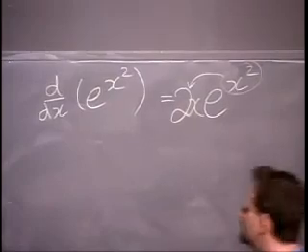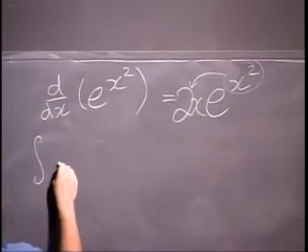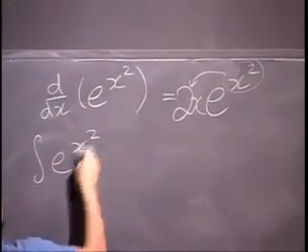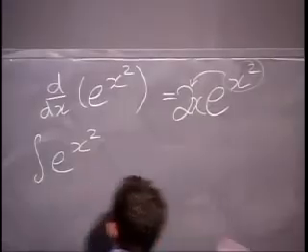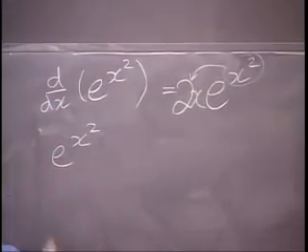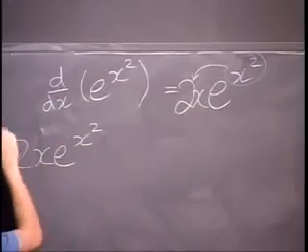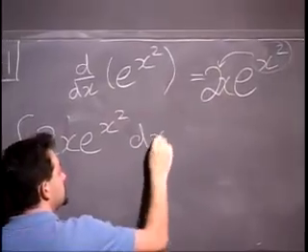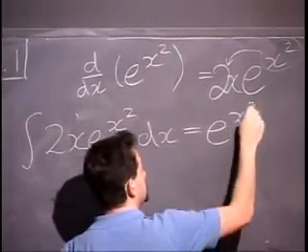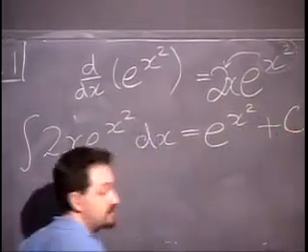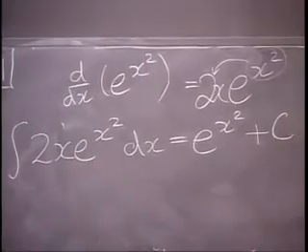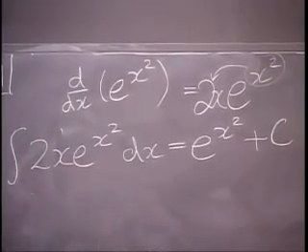Of course, we can convert this to an indefinite integral. Don't forget the plus c. It's an error to leave it out. You should be docked a point or two if you do that.